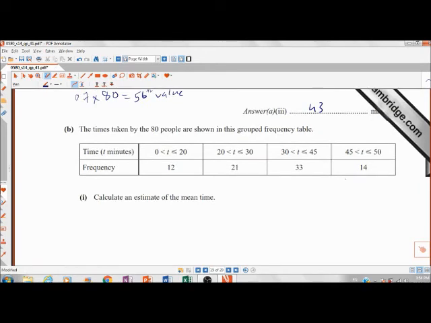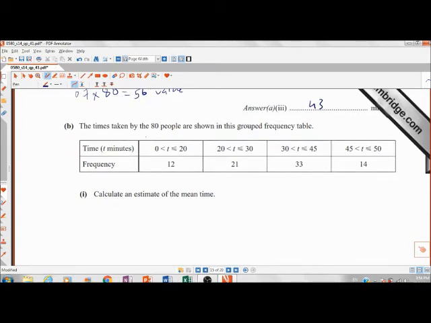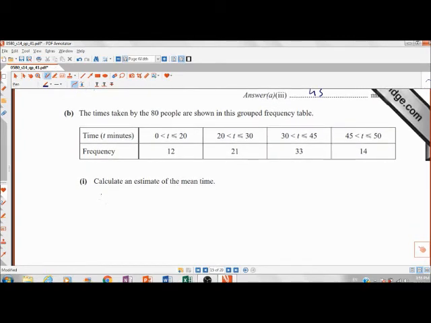Okay, for this, using the times taken in the frequency table, calculate an estimate of the mean time. In order to find the estimate of the mean time, you have to find the average time for each class. For the first one, 0 plus 20 divided by 2, 10.